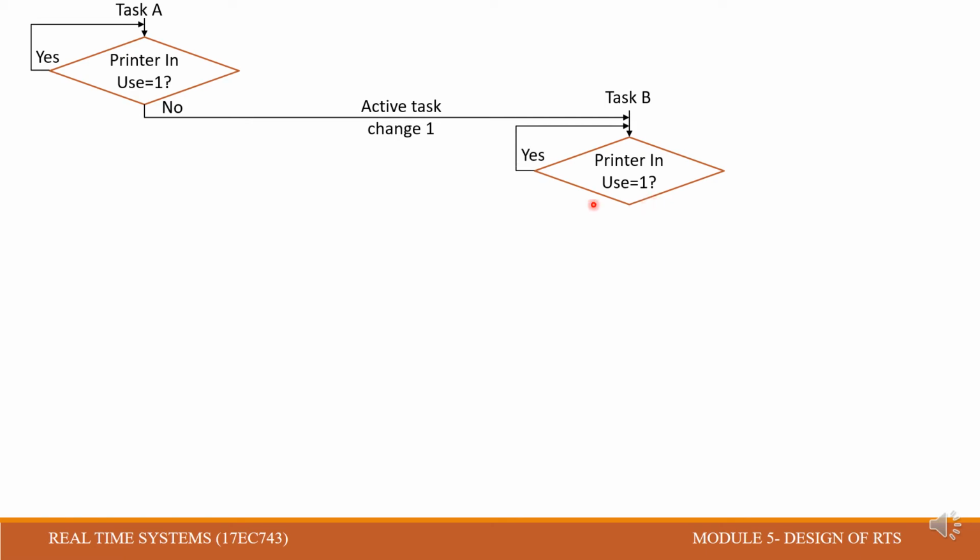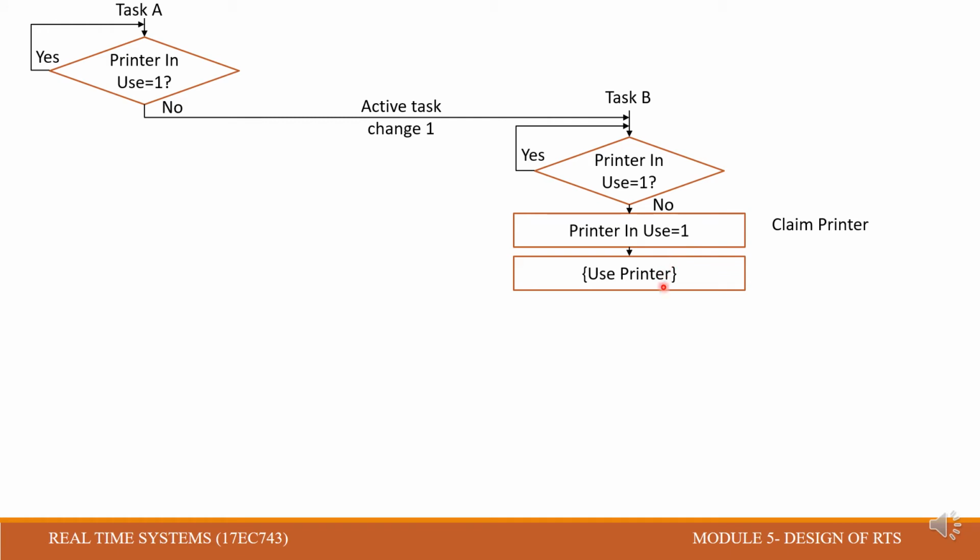Here also it checks the flag to see if the printer is available or not. If it is 0, it means that the resource is available. Make it 1 in order to claim the printer. So then task B starts using the printer.